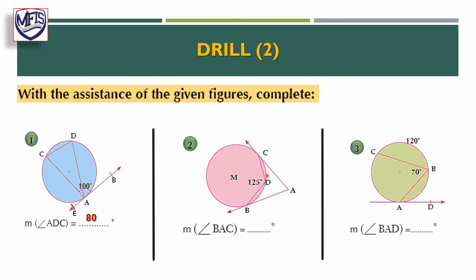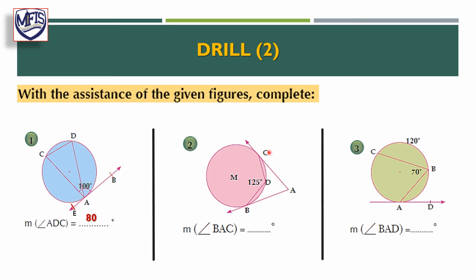half the difference between measure arc BC minus measure arc CDB. Again, measure angle A equals half the difference of measure arc BC minus measure arc CDB.